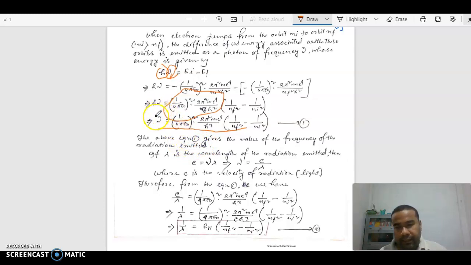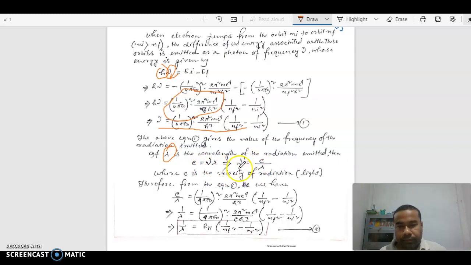Again, instead of nu we can write in terms of wavelength. If lambda is the wavelength of the radiation emitted, then the wave velocity c equals nu lambda, where c is the velocity of light. So nu equals c by lambda.